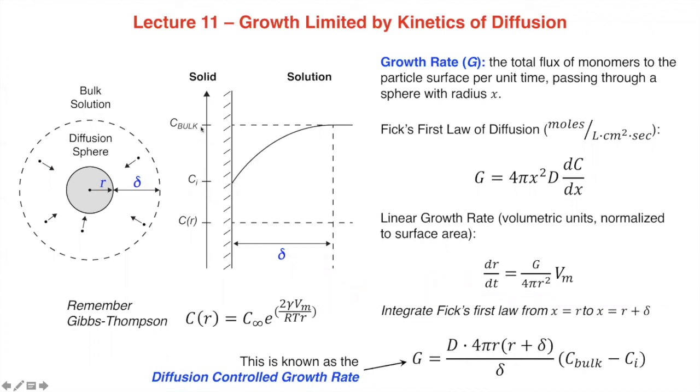So this total amount of monomer here is the excess monomer above the monomer concentration at the particle surface, multiplied by these terms here. So this is what's known as the diffusion controlled growth rate that just comes from Fick's first law.